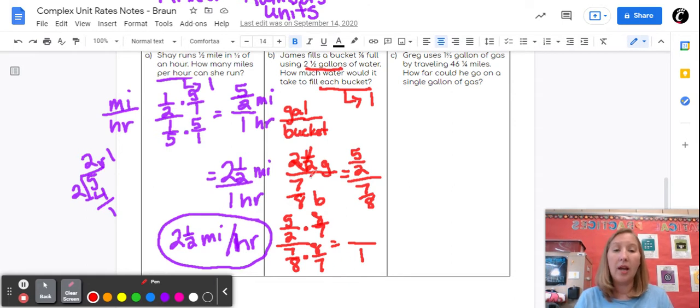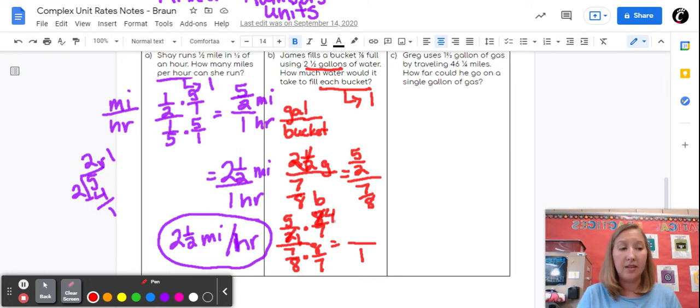Now, before I go any further, I can multiply across, but I also am seeing that I can simplify here. Before I even start to multiply, I see that I have a factor of 2 down here, and I have 8, which also has 2 as a factor. So I can divide both of those by 2, which turns this into a 1, and 8 divided by 2 is 4.